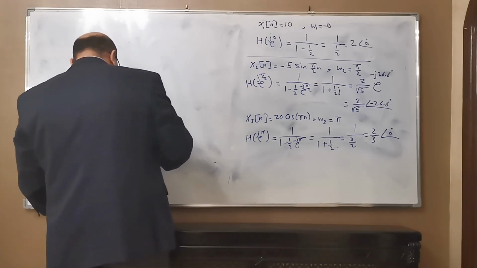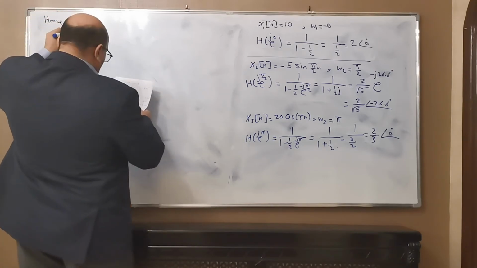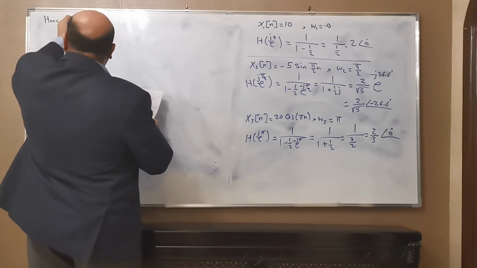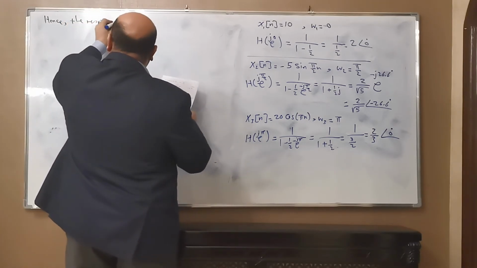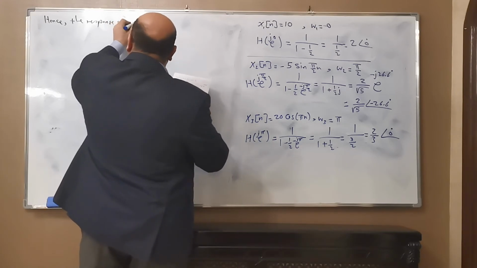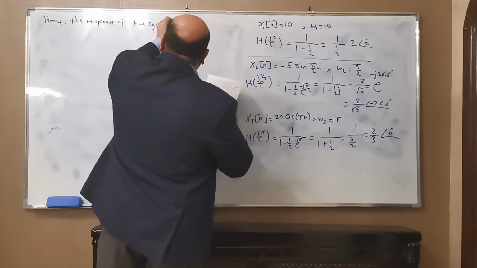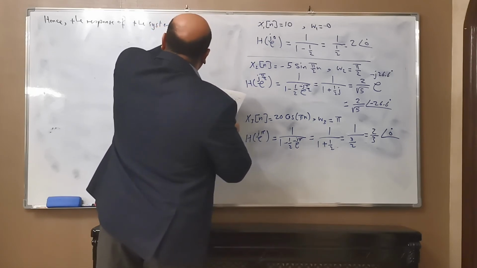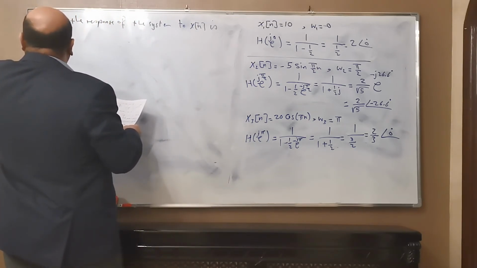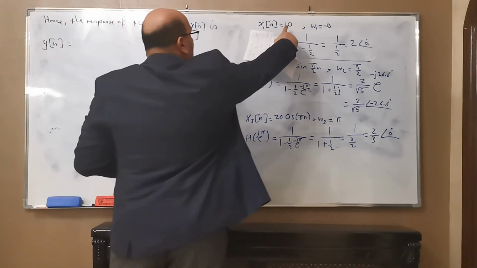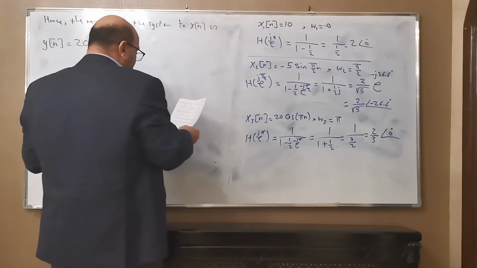So the response of the system to x[n], y[n], will be equal to 10 times the gain, so it's 20 with no phase.